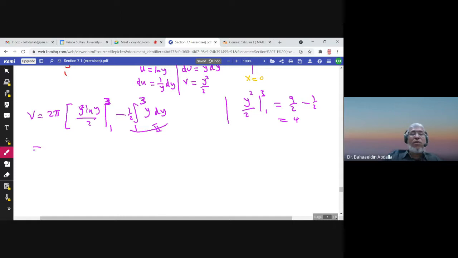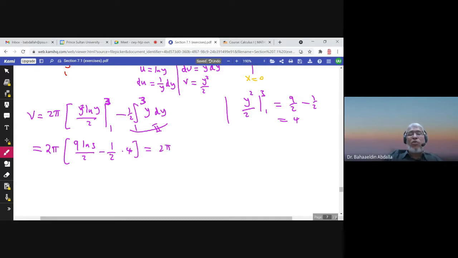So the volume would be 2 pi times. Replace y by 3, 9 ln 3 over 2 minus 1 ln 1. ln 1 is 0, so this would be cancelled. So minus half times 4.